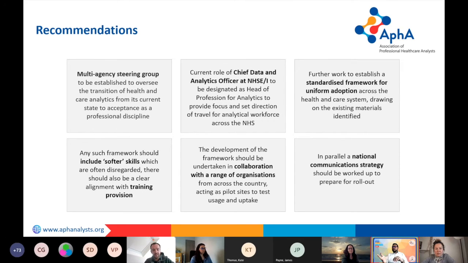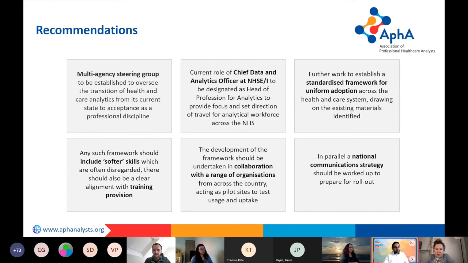The other one is that it needs to support different organizations. It's not just one NHS trust; it needs to work for the analytical community. If we can establish the principles of what it means to be an analyst, it should in theory work in any health and care analytical space.